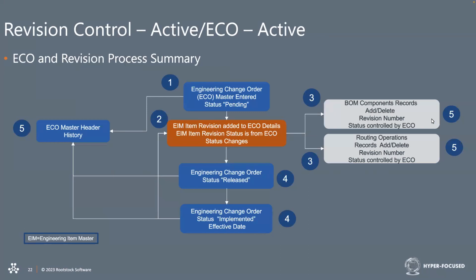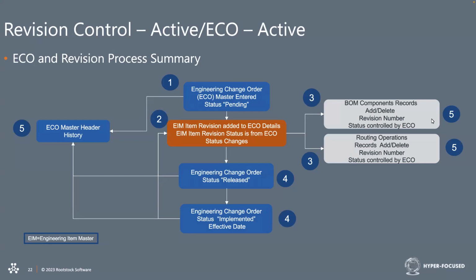In that case, everything is being controlled by the ECO. It starts out with your bill of material, you have your ECO, so it goes into a pending status. As you're making the changes to the BOMs and the routings, the ECO is controlling the release, and then it's implemented based on the effectivity date.